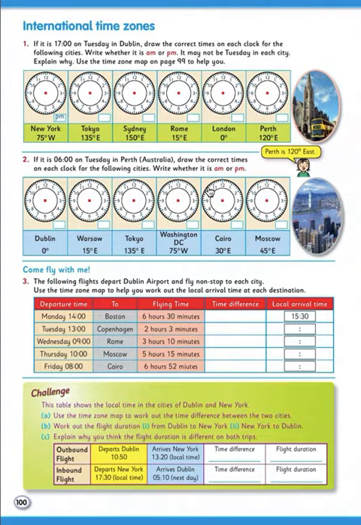Here, same thing, except you're starting off that it's 6 a.m. Tuesday in Perth, Australia, and doing the same here. For the flying, you start off by adding on to the local time of Dublin how long the flight took to find what it would be in Dublin when you arrive at your destination. Use your time zone map to see what the local time should be, and then tell me what's the time difference between the local time and the Dublin time.